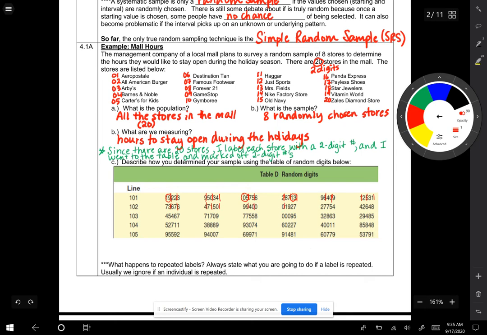Here's one, 00, but you have to skip 00. Oops, I kind of gave something away. Here's another one.